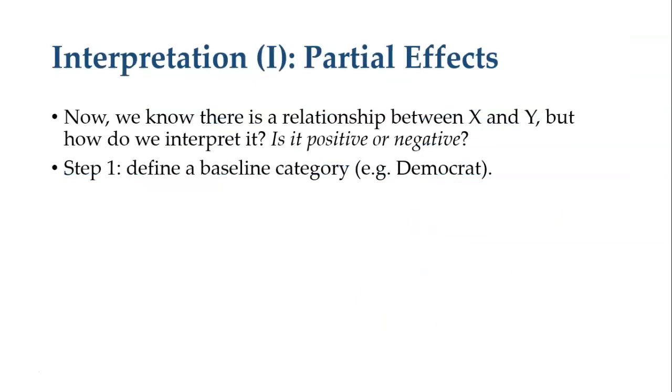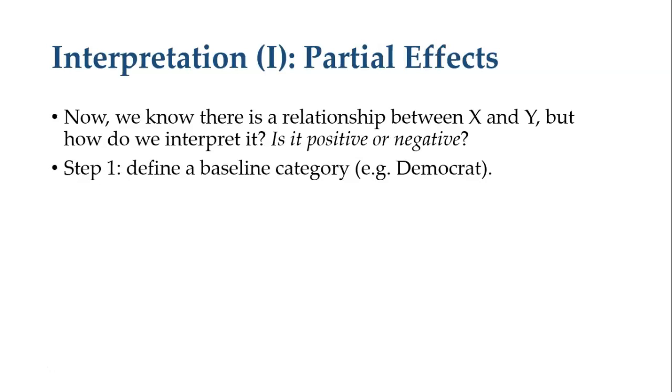So that's the first thing. We need to see if the effect of x and y still holds, right? But what about interpretation? We need to learn how to interpret this relationship, whether it is negative or positive, right? In order to do that, we define a baseline category.